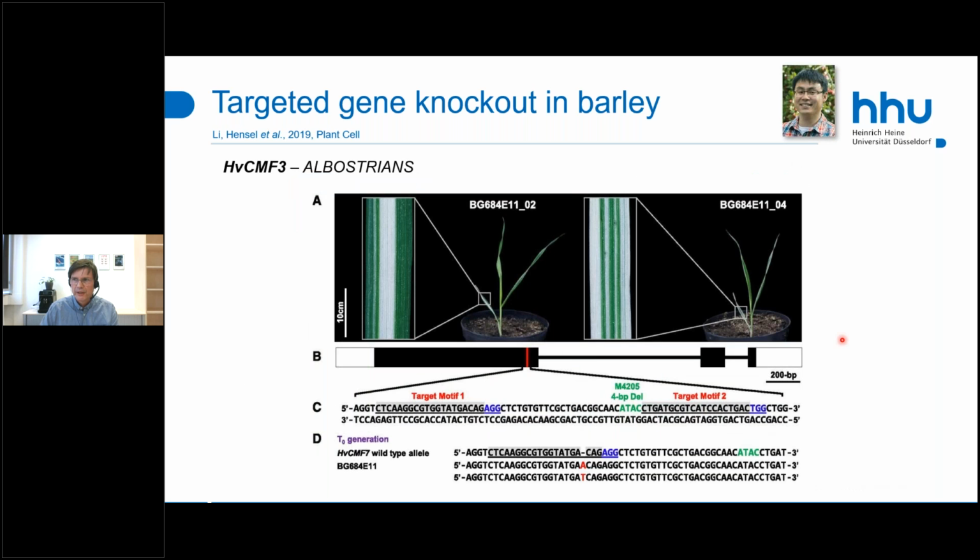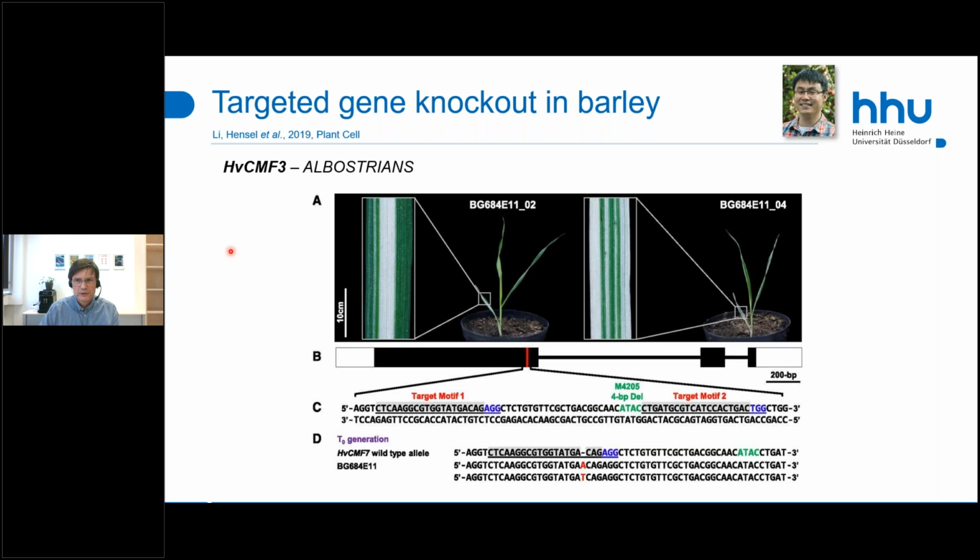To give you some examples of published work, this is a collaboration with the group of Niels Stein and Minju Lee, postdoc in his group, and he confirmed the candidate gene for the famous barley albostrians mutant.